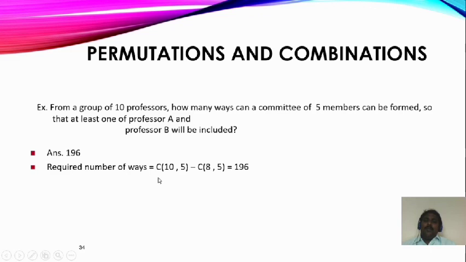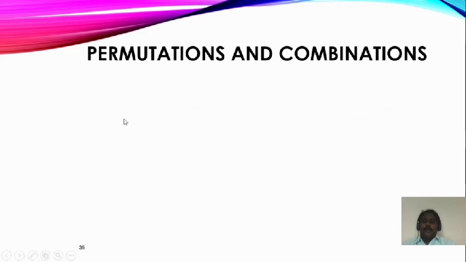The required number of ways is: I choose 5 members out of 10 professors, so 10C5 ways, minus the condition-violating cases. Since at least one of A and B must be included, those 2 are taken off from the 10, so I get 8. Now the number of ways to choose 5 members is 8C5. On subtracting this value, I get the answer 196. So this is about permutations and combinations.